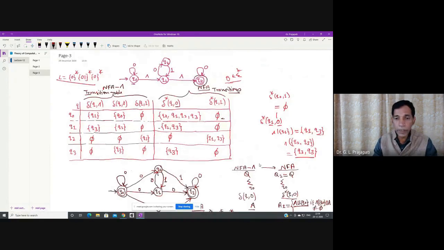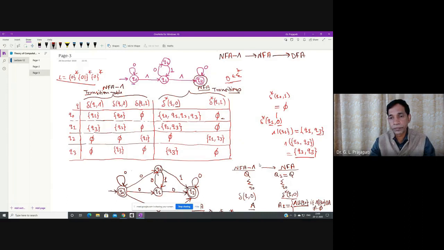So we have obtained the NFA from the NFA null. You have converted NFA null to the NFA. And once you have the NFA, you can also convert this NFA to the DFA.